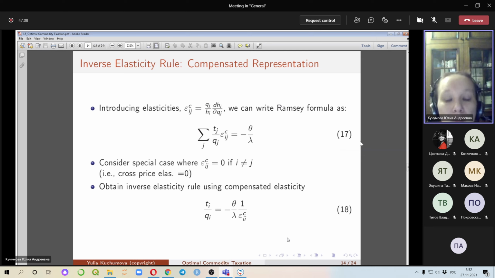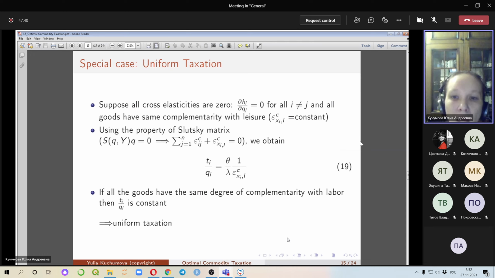Then we obtain again the inverse elasticity rule in terms of compensated elasticity, and it is just Ti divided by Qi is equal to minus theta divided by lambda divided by epsilon II, the compensated elasticity epsilon II.